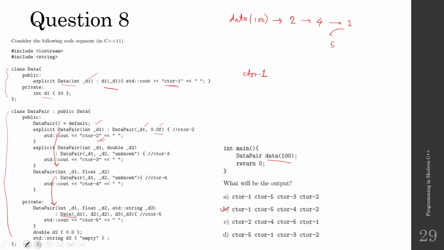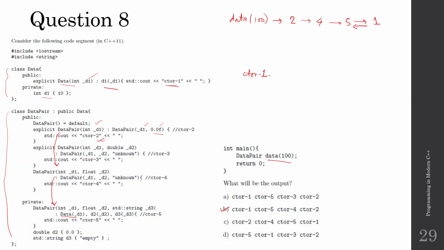Actually, wait, there is a mistake here. This will call 5 and then 5 will call 1 and then it will return. So the order will be the returning order, the order it follows while returning.